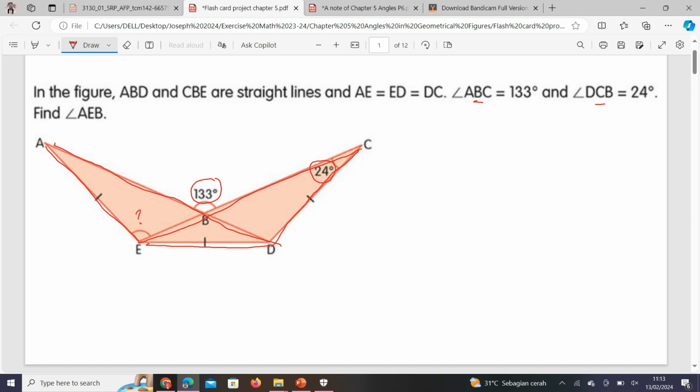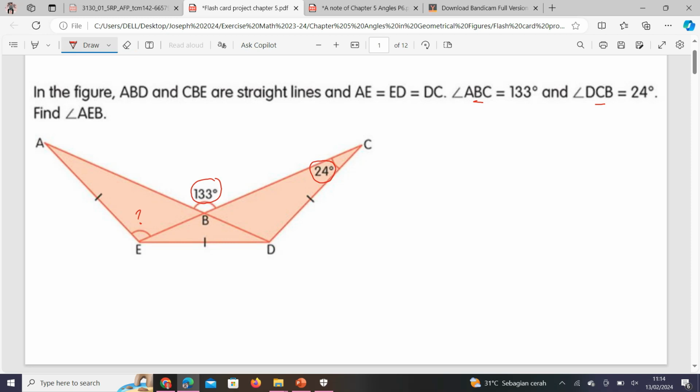Now, to find the angle of AEB, you already learned about the law in angles in geometrical figures, right? So, first thing first, you need to identify. In this case, I will make it clear first. If you want to find that, remember the law in 1b that vertically opposite angles are equal.